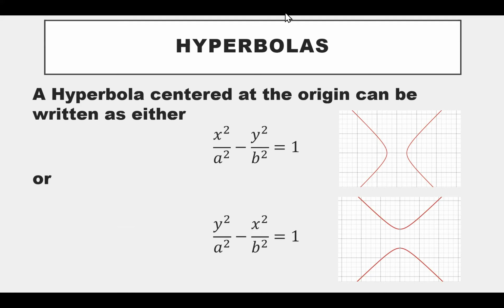By the way, as we're going through this, the transverse axis is going to link up the two vertices of the hyperbola. So when you point right and left, the transverse axis is going to be horizontal. When we're pointing up and down, the transverse axis is going to be vertical.